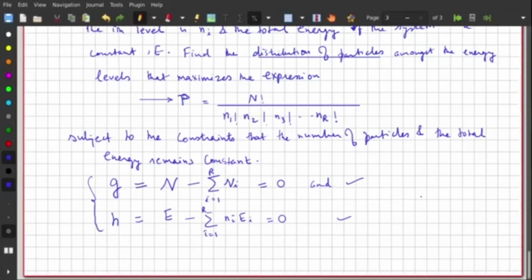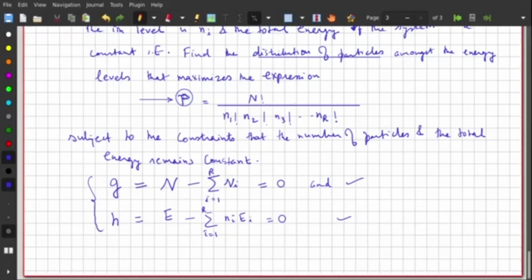Let's observe one thing. If you want to maximize P, what we want to do is basically minimize the denominator. And minimizing the denominator is the same as minimizing the logarithm of the denominator. Why do we take the logarithm? Because, as we saw in the previous segment, we want to use Stirling's approximation, because we want to use calculus. That means we want to convert these discrete objects into a continuous function.